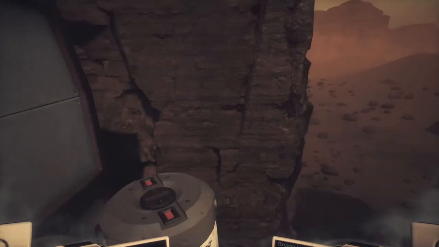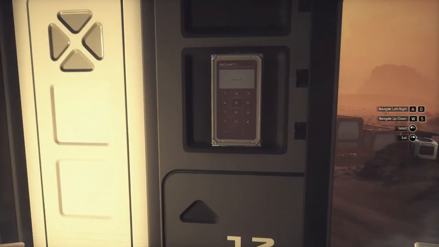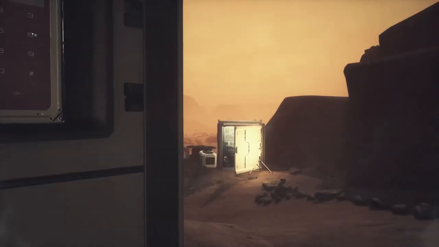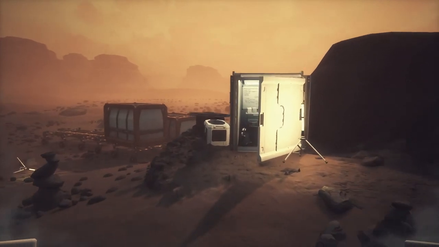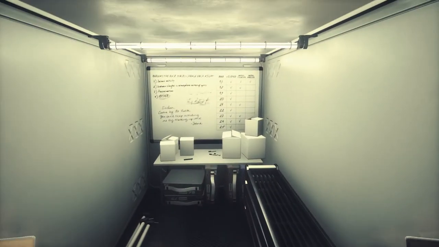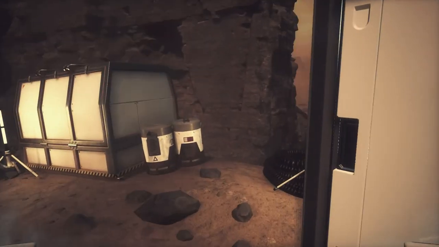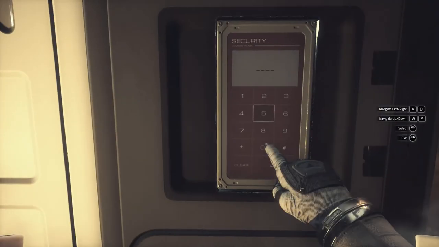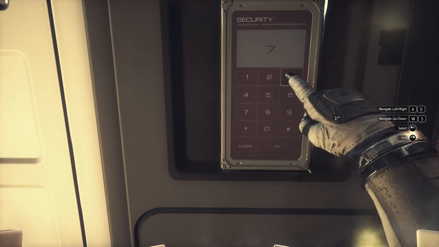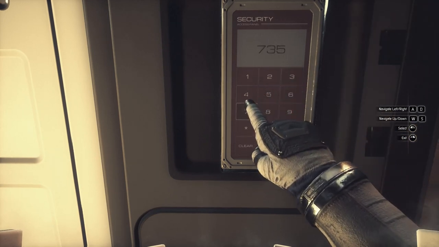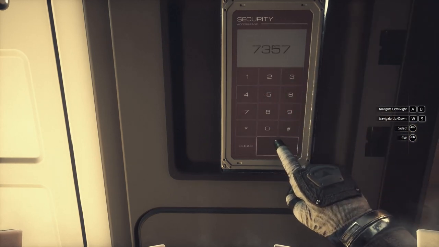Yeah, so I need a power cell, but where would I find one? Okay, so this is... I didn't have to walk far. It was 7357. And presumably there's a power cell inside.